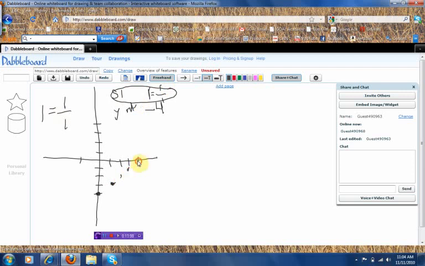Okay. And tell me what the equation would be of this line. y equals what? mx plus b.